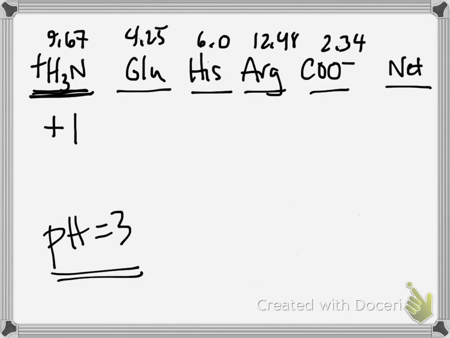So we go over here to glutamate, and just to remind ourselves, the protonated version is neutral, the deprotonated version is negatively charged, and so at a pKa of 4.25, if you're at a pH 3, without doing Henderson-Hasselbalch, I know that you're going to be mostly protonated.